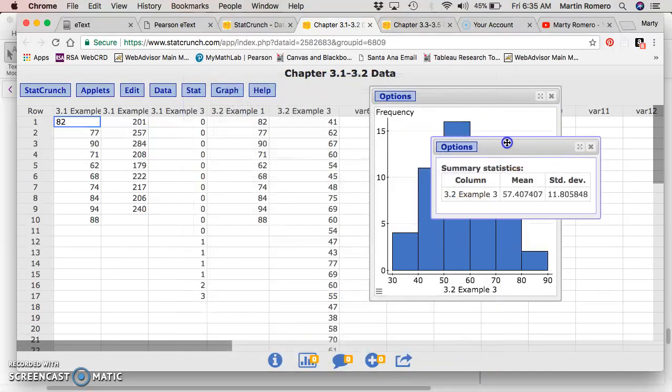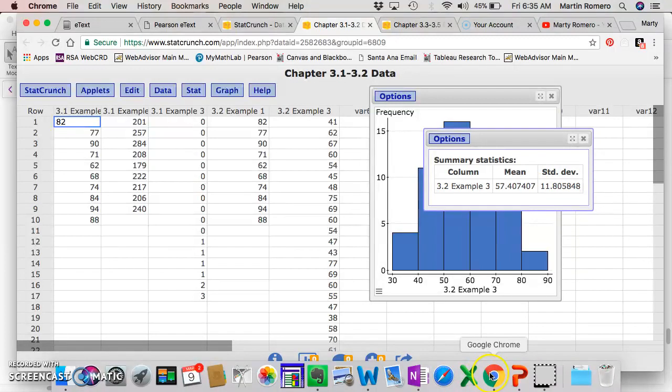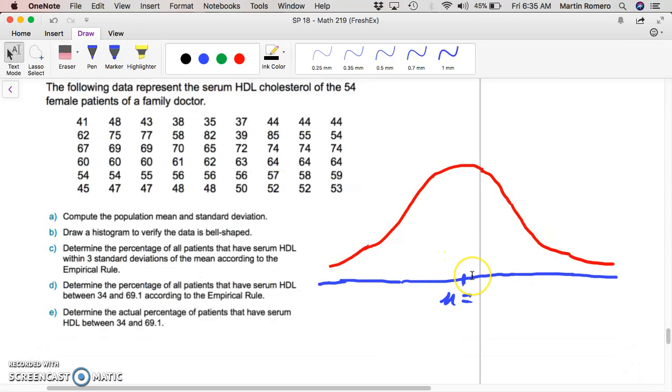We compute that, and you get 57.4 and 11.8. So the mean is 57.4, and the standard deviation was 11.8. That's what we have there, and that's what you end up drawing there.